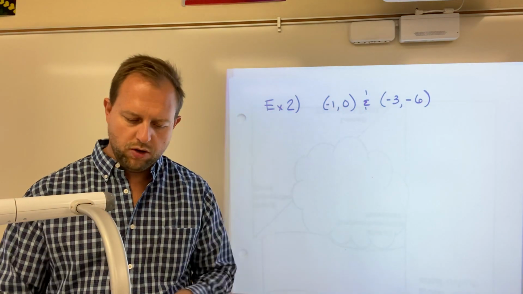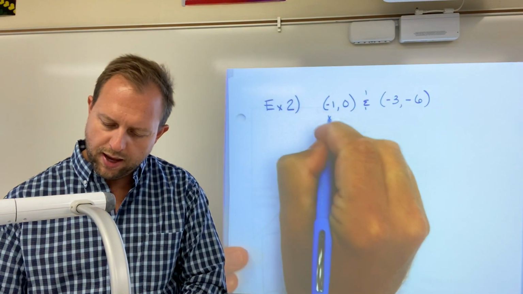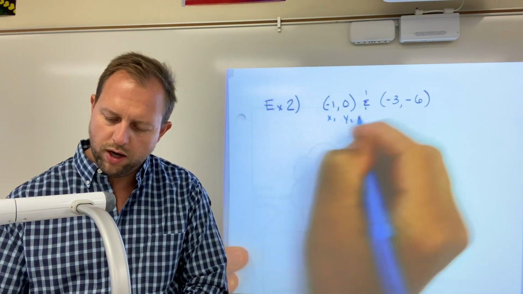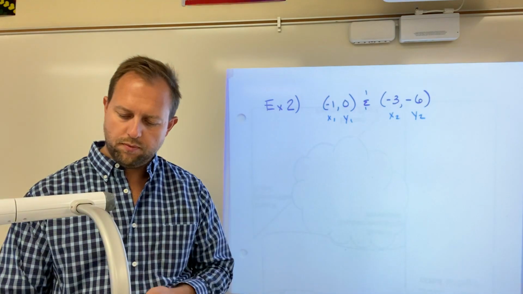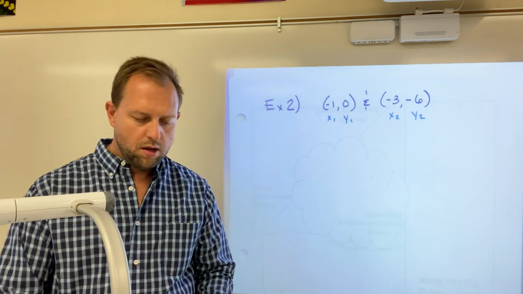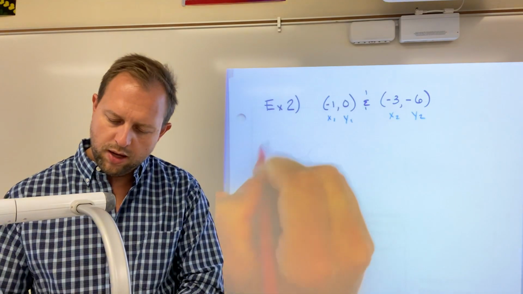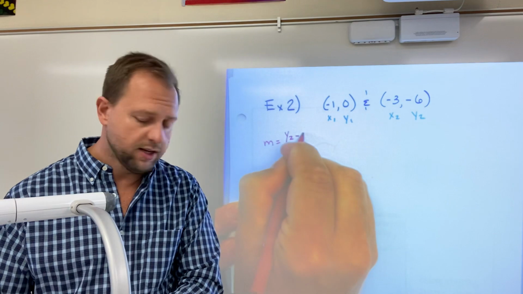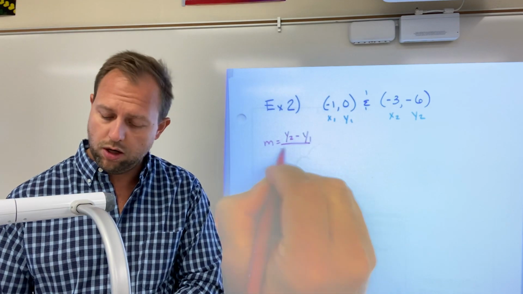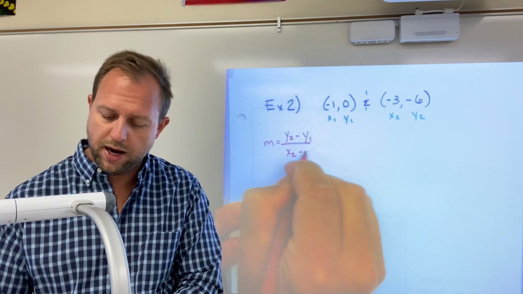Again, first thing we do is label our points, x1, y1, x2, y2. Write out our equation for slope is y2 minus y1 over x2 minus x1.